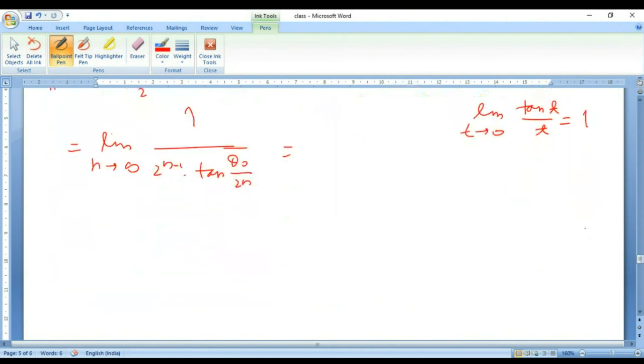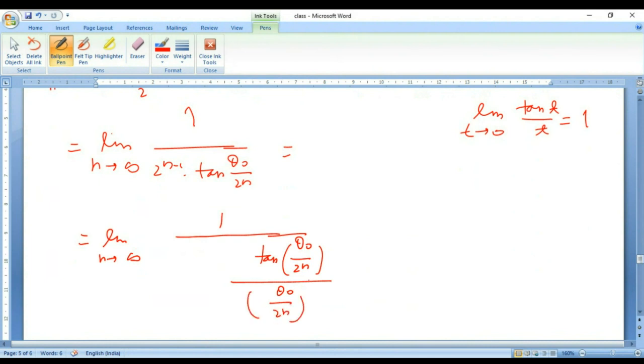If I use this, then I'll get this as limit n tends to infinity, 1 over tan of theta naught upon 2 to the power n, whole upon theta naught upon 2 to the power n. That takes care of tan t by t, and this is extra, so we should get here theta naught over 2, because we only had n minus 1 and we put n here, so we should get 2 here.